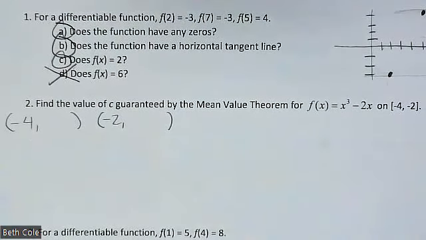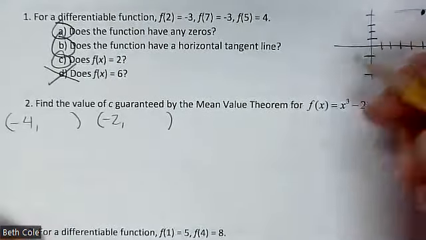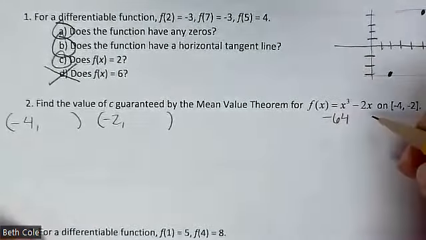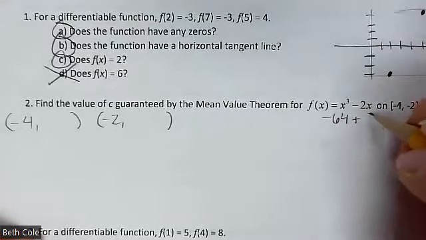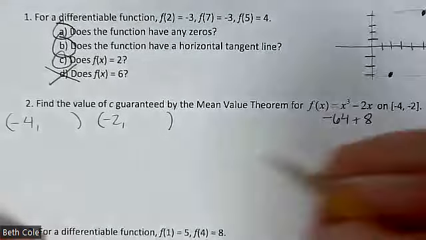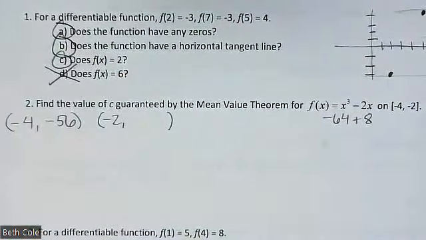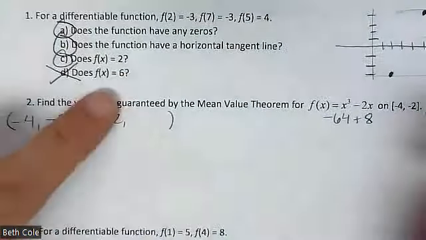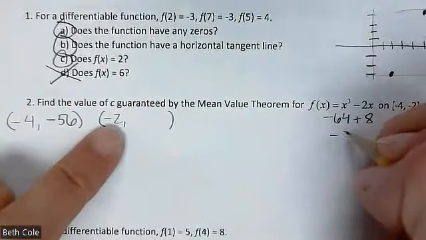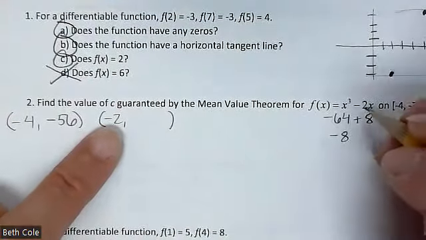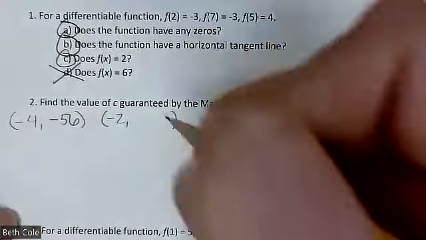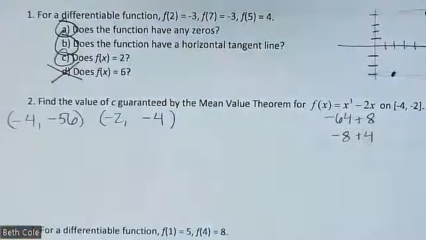So if you plug in -4, -4 cubed, right, -64, -2 times -4 be +8. So that would be -6. Good. All right, if you plug in -2, -2 cubed, -8, and then that would be +4. So -4.